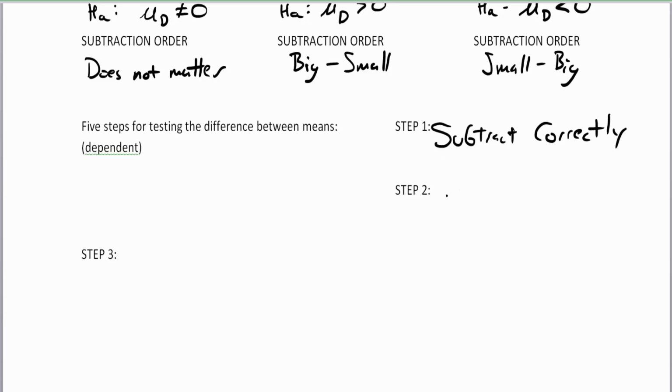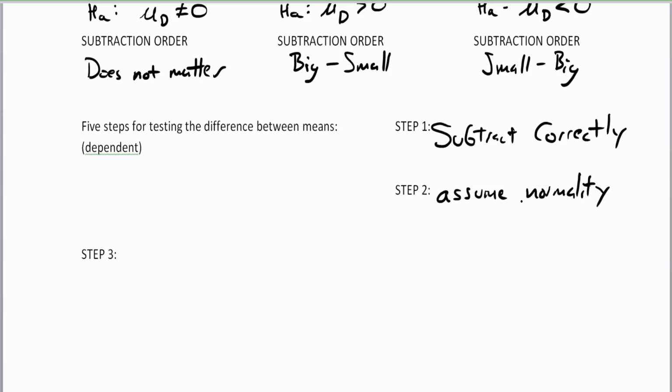Now, step 2 is going to be great because normally this is when we have to run tests to see if we can assume normality, but we are just going to assume normality for all of these examples. Maybe not all of them, just because I do want to show you a situation where we should check for outliers, but for the most part, when you get to your big tests and exams, this is one of those problems where I'll let you assume normality.